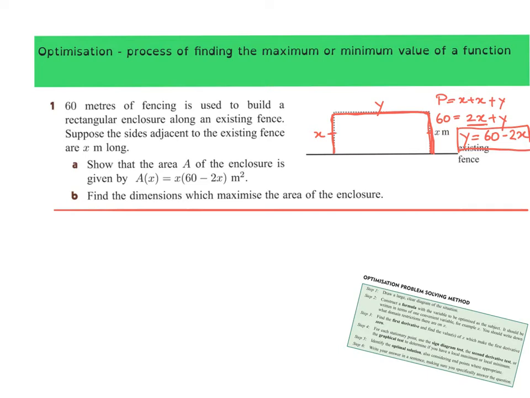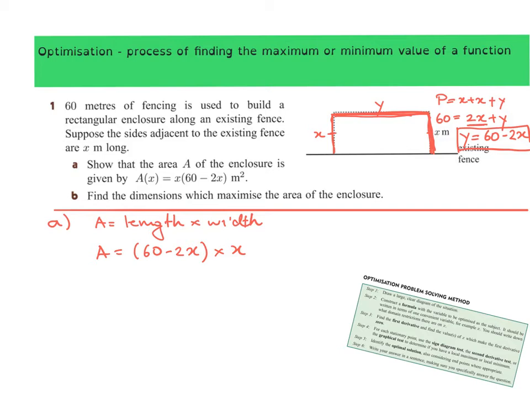Now let's have a look at part A. Show that the area A of the enclosure is given by this. We know that the area is equal to length times width. The length in this case is the value of y, so it is 60 take away 2x, and the width is represented by x.